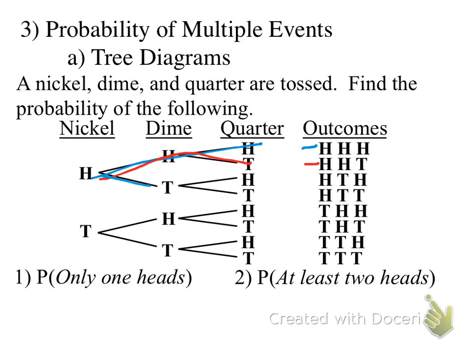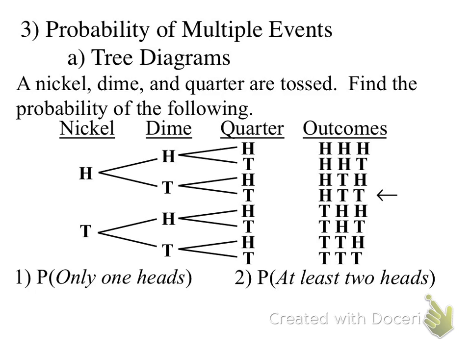And then I've got a heads, tail, heads here. And then I have a heads, tail, tails. And so we list all of our possibilities. Once I do that, I can answer my question. The probability of only 1 heads, I've got this one right here.